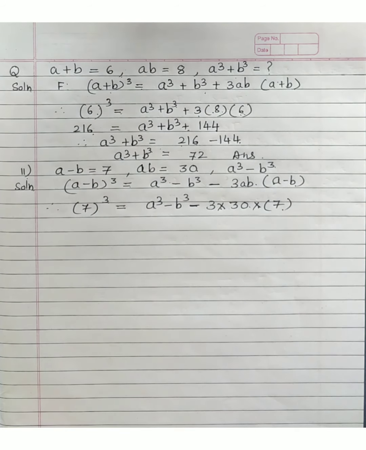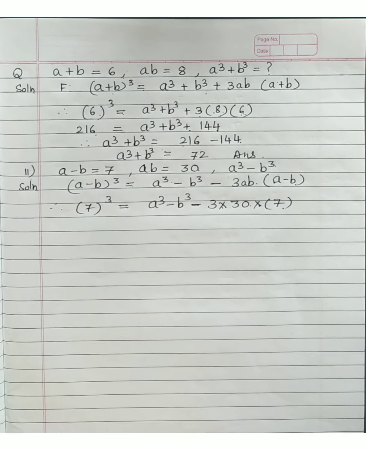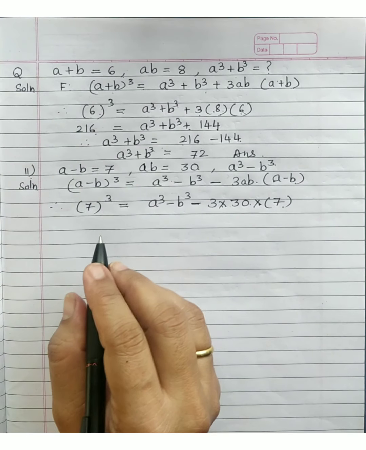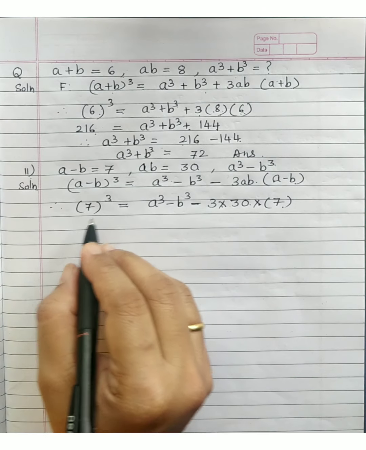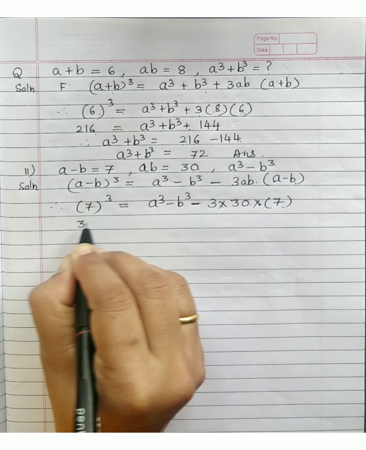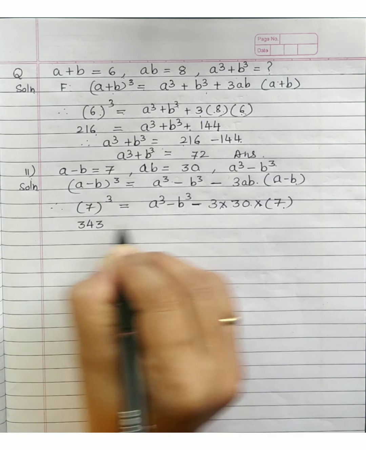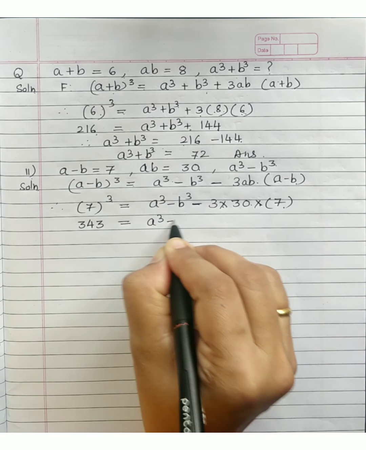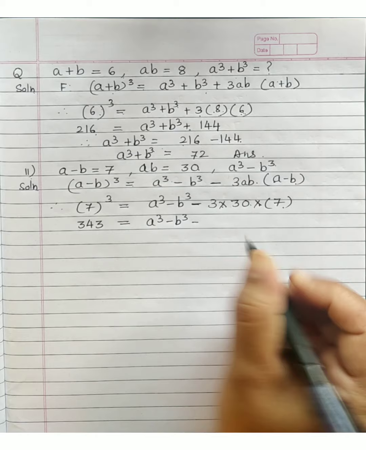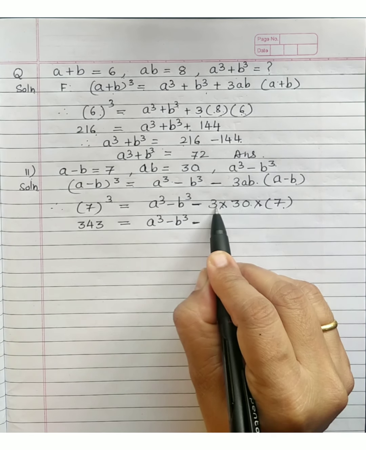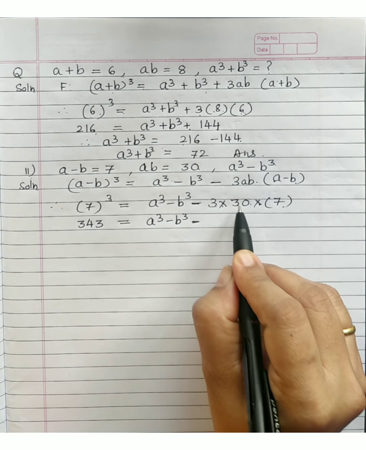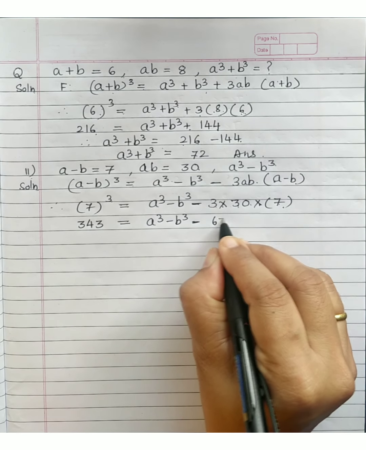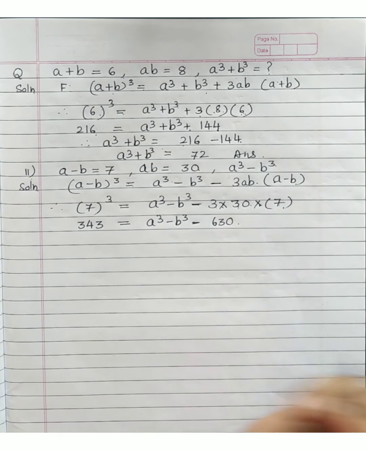So let's simplify it. 7³ is 343, equals a³ − b³, which is to be found, minus 3 3s are 9, 90, 9 7s are 63, so 630, right?